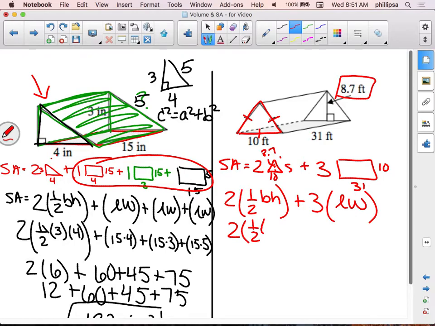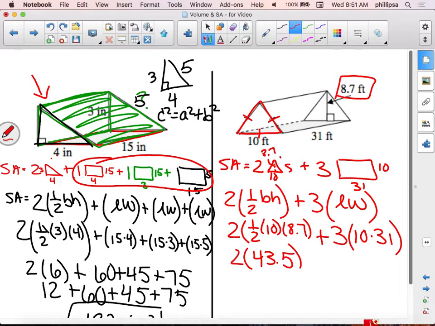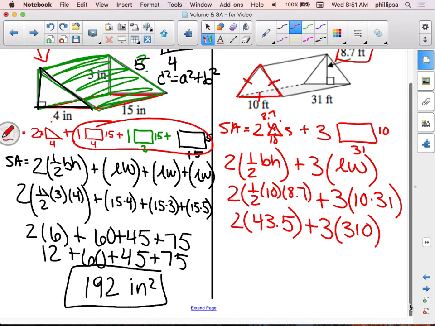So half your base was 10, your height 8.7, and your 3 rectangles are 10 by 31s. Okay, so you're looking at your triangles having an area of 43.5, and all of your rectangles having an area of 310 square feet.